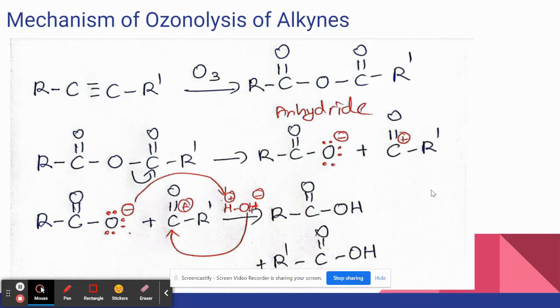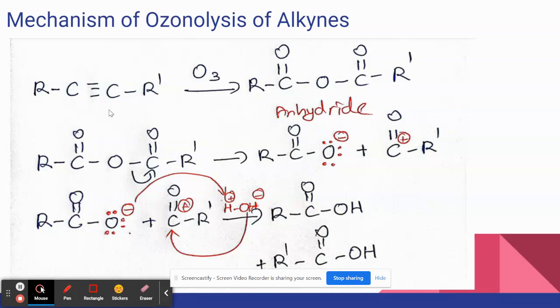So look at the mechanism. First, the internal alkyne reacts with ozone and we add three oxygens into the compound. We get an anhydride compound. And to hydrolyze the anhydride compound, we use water.